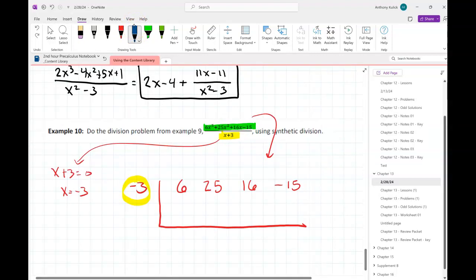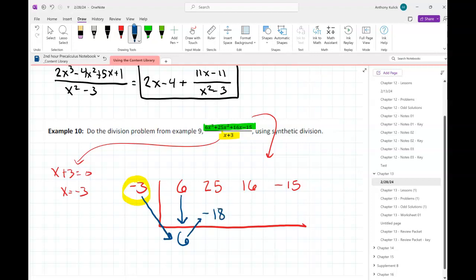To execute this now, we begin by just bringing the first number down and writing it underneath the bar. Then we do the number on the outside times the number on the bottom. We write it into that next empty spot and then add down. And then we repeat.